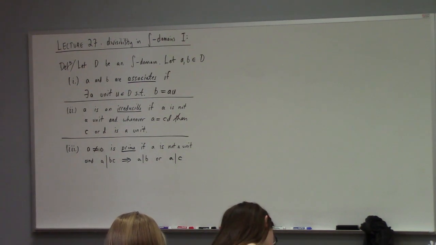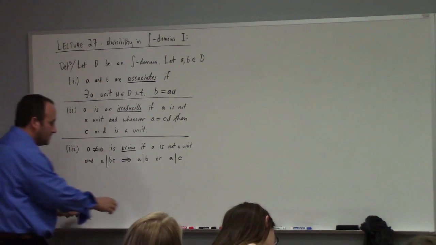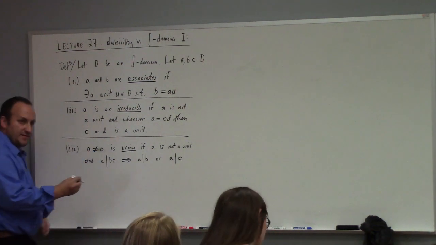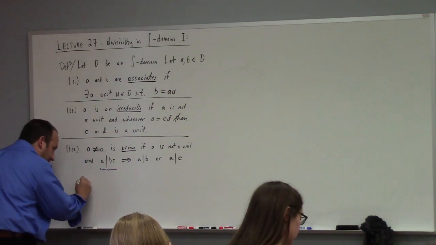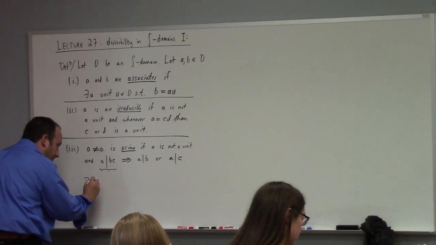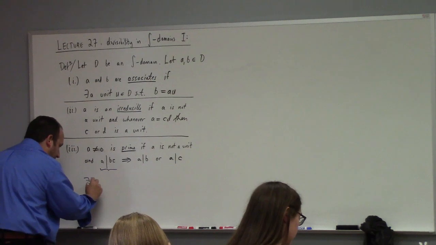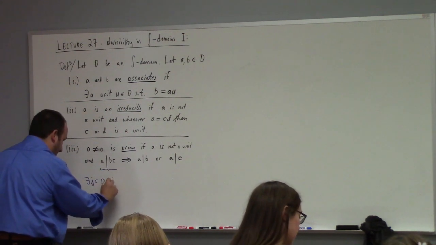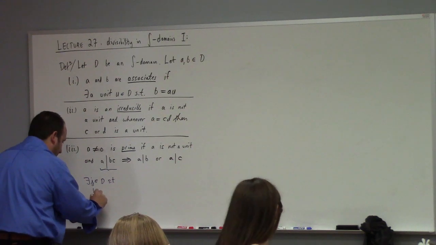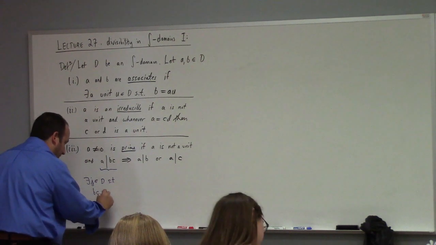Let me just take a moment to review what divides means. So what does A divides BC mean in the context of a ring here? This means that there exists J in the ring D such that BC is equal to JA, right?